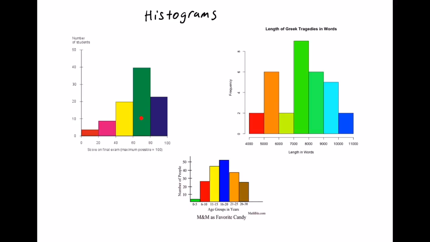Between 60 and 80, you've got about 40 people. Now with a dot plot, you would have to make 40 dots. You don't really want to do that. So that's where histograms come in handy, so they can show range.